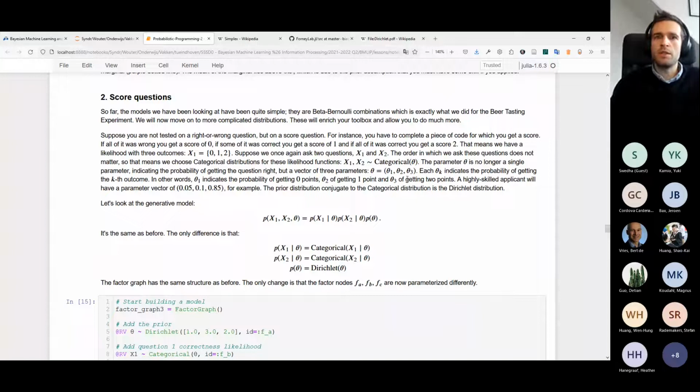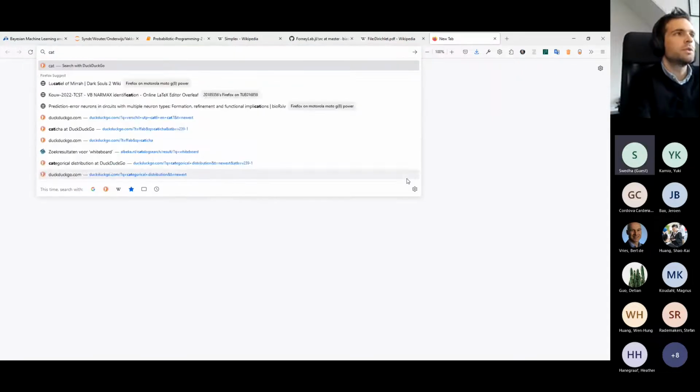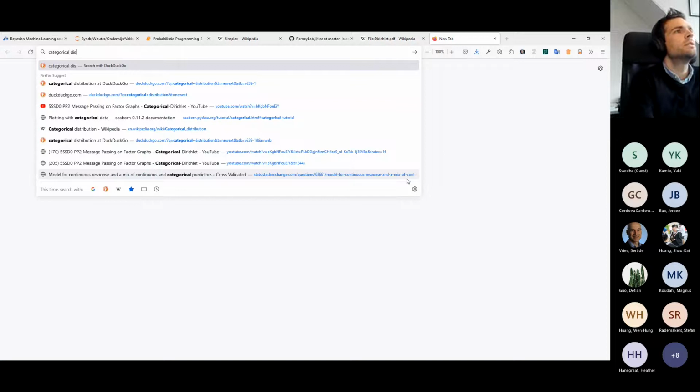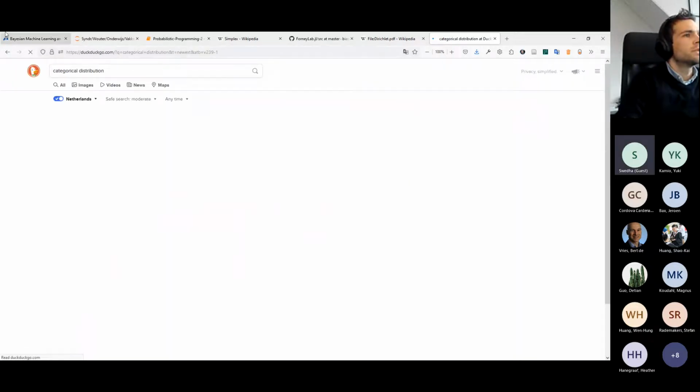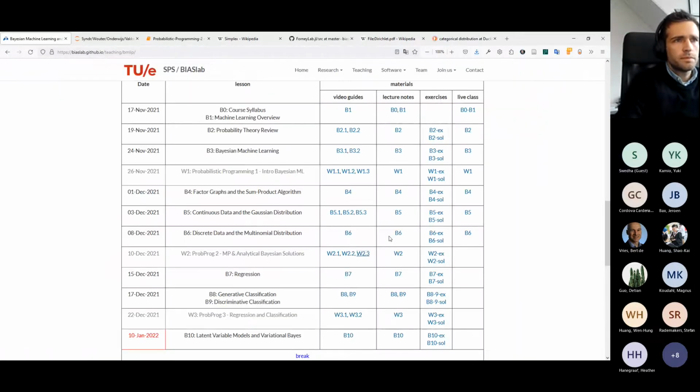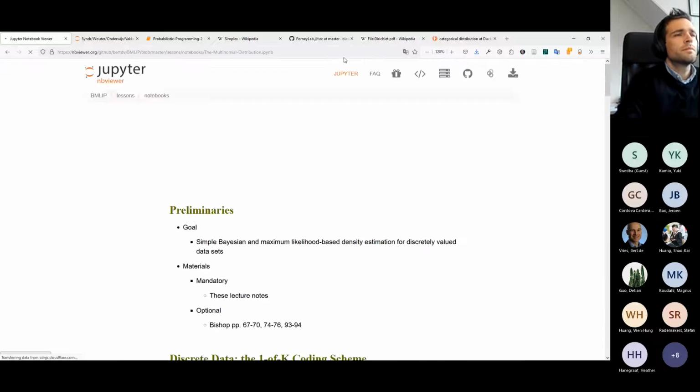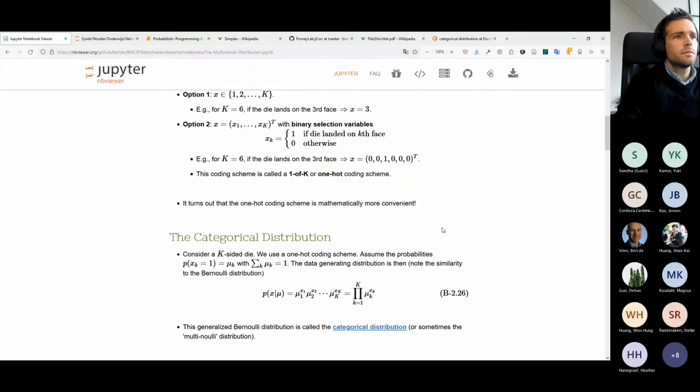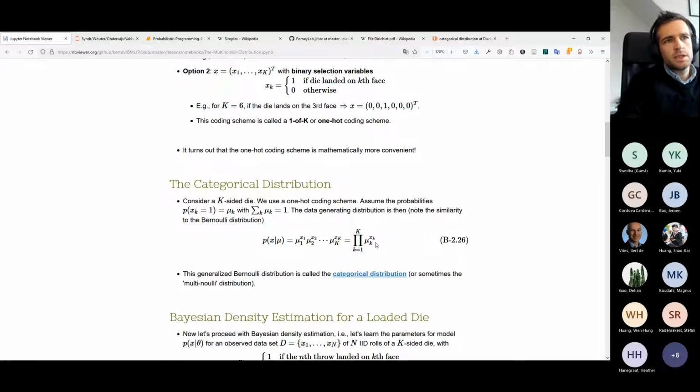So you do need one parameter for the probability of each option. And in the functional form of the categorical distribution, you can see it has the same functional form as the Bernoulli: there'll be the probability raised to the power of the option.